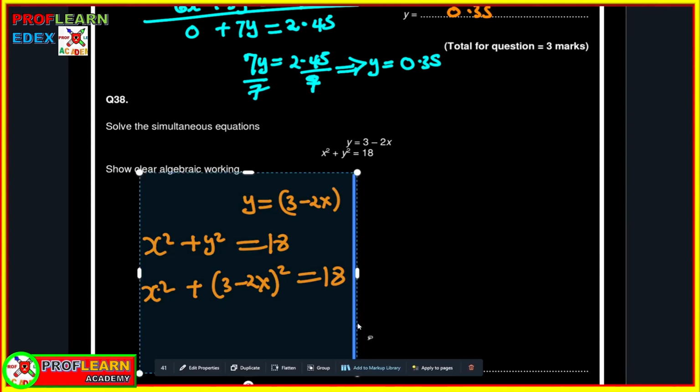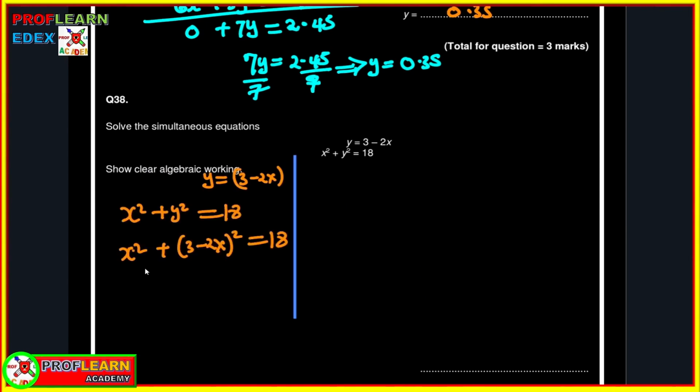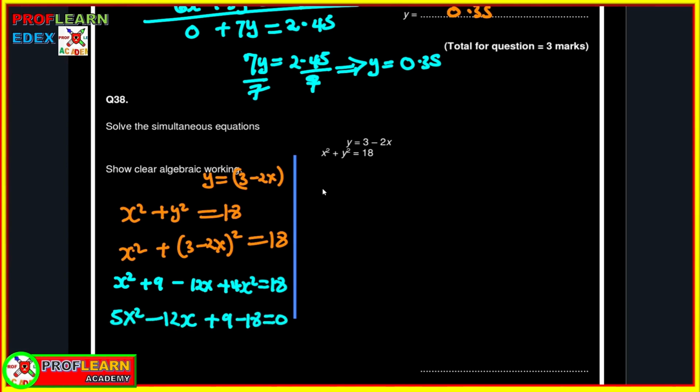Then we are going to have a quadratic equation in terms of x, which we are going to solve using factorization, completing the square, or the quadratic formula. So if you solve 5x squared minus 12x minus 9 equals 0, you are going to get x equals 3 or x equals negative 3 over 5.